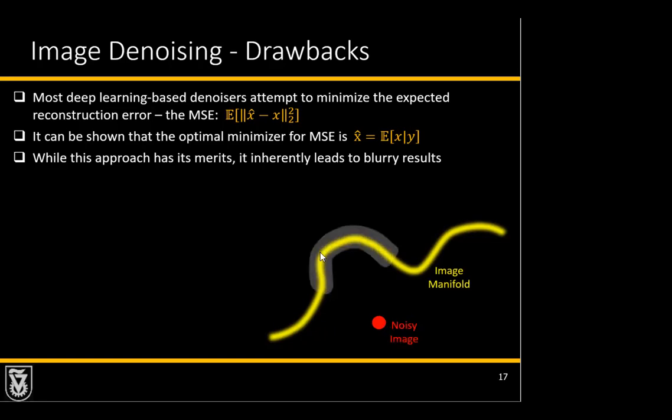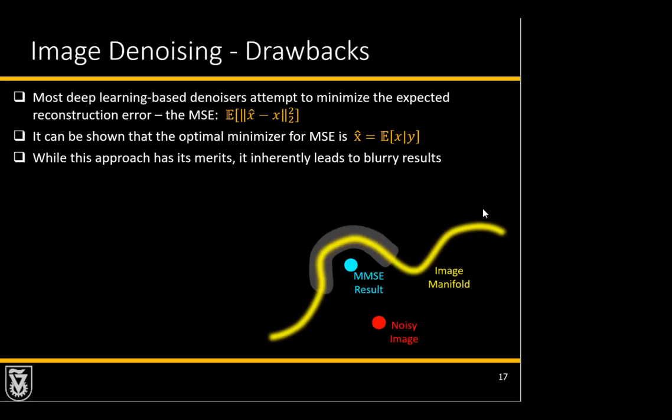And all these images could have explained this noisy image. All these images could have been the original. So when I talk about the optimal minimizer, the MMSE, it will be their expectation or their average, which will sit somewhere here in the middle, right? Because it's the average of all these points. Now, this result, as you can see, sits outside the image manifold, which means it will not look like a real image. For example, in the example we've seen before, it was blurry. So it does not exactly look real.